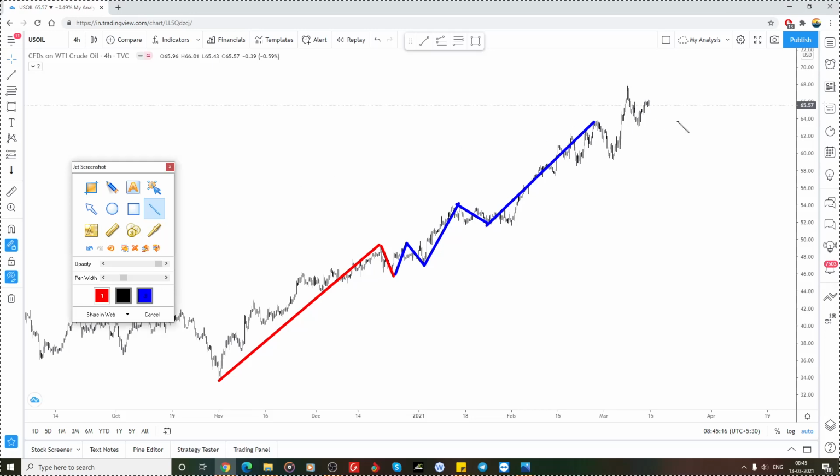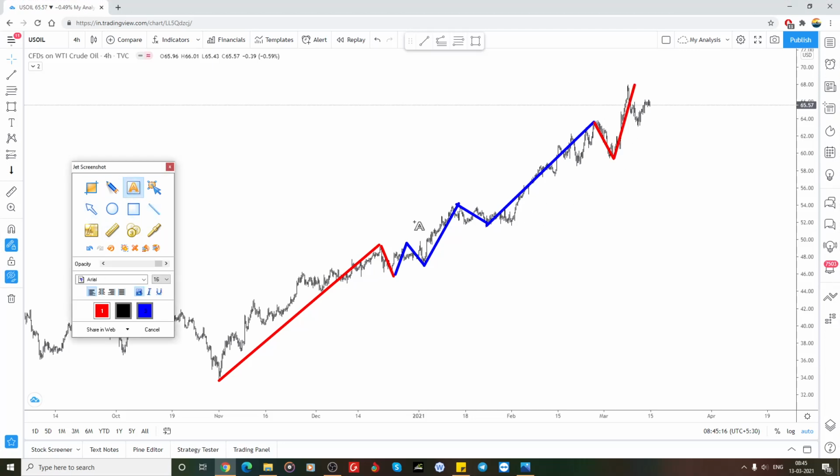At that time, this is the 4th wave, and this is the 5th wave. So here it's a wave 1. Here is a wave 2. Yeah, this is the wave 3. This is the wave 4. And this is the end of the 5th.